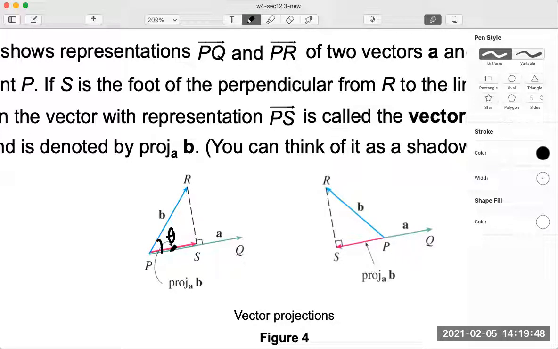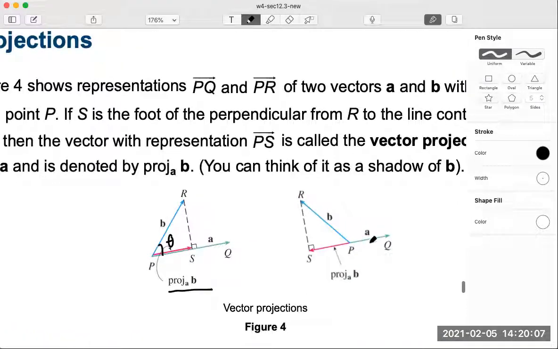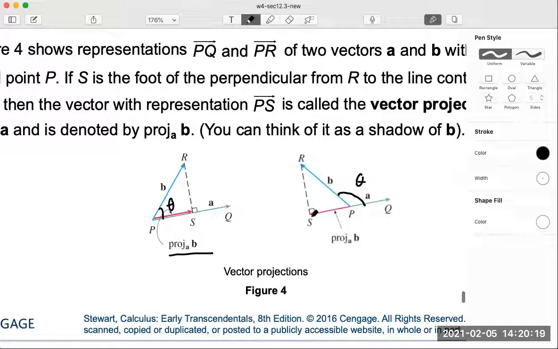If it is from 0 to pi over 2, we see that this projection vector points in the same direction as the vector B, right? Or if vector A and vector B are pointing in opposite directions, or the angle between them is larger than pi over 2 and smaller than pi, then we know that the projection vector S, the red line vector here, will be pointing in the opposite direction of A. Okay?